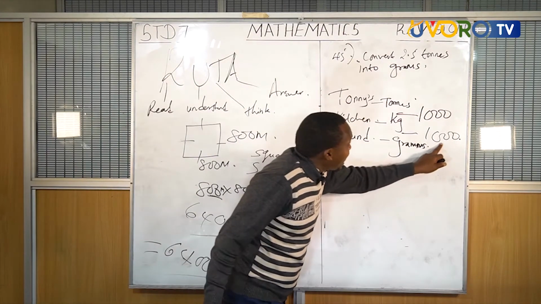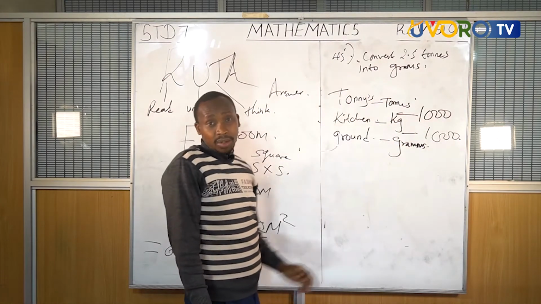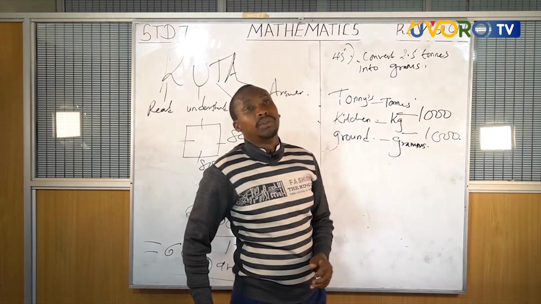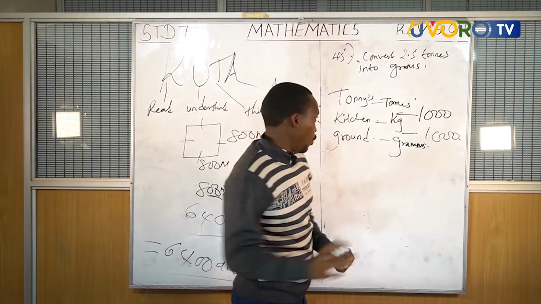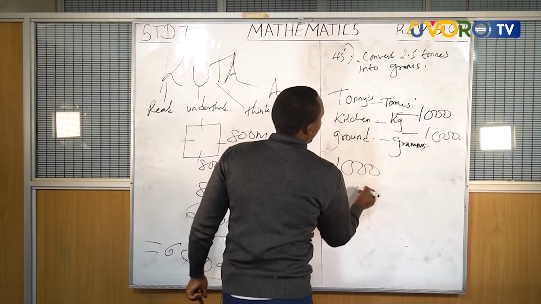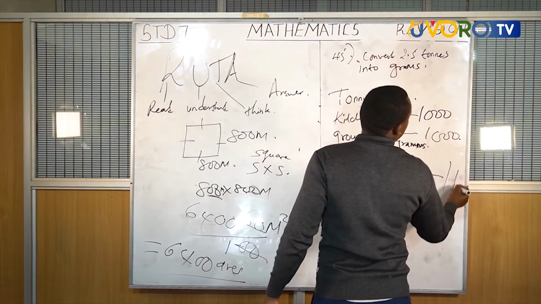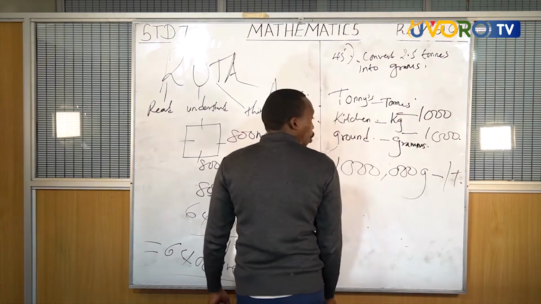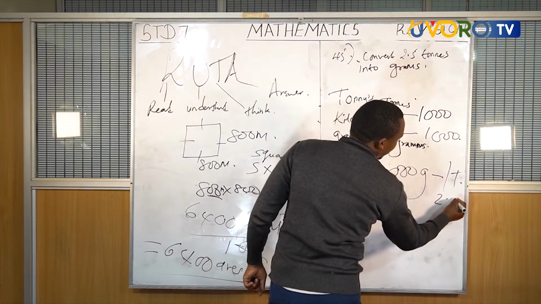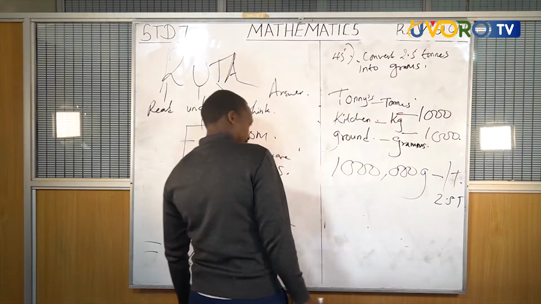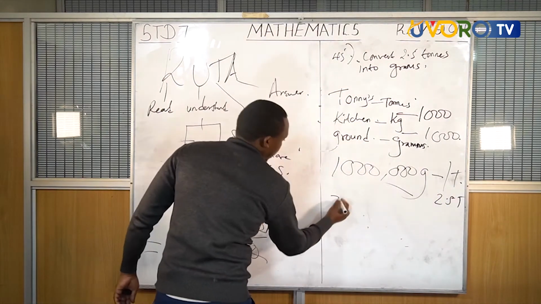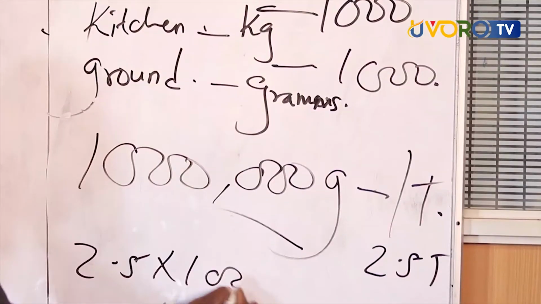You have 1,000 times 1,000, which is 1,000,000. So 1,000,000 grams equals 1 ton. What about 2.5 tons? Cross multiply. 2.5 times 1,000,000.